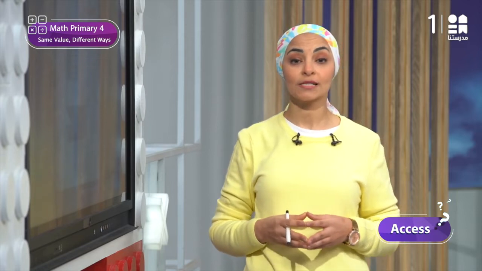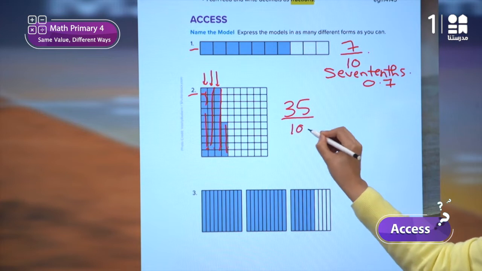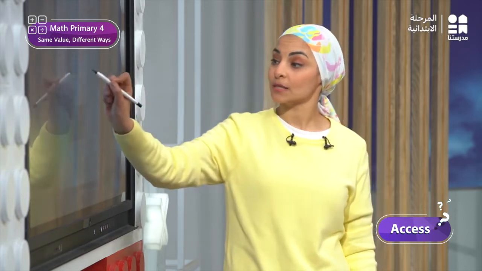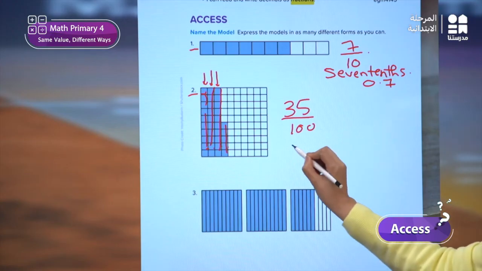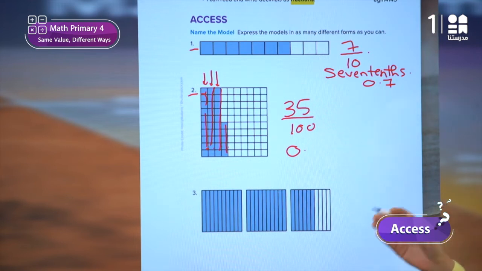35 shaded squares لما أجي أكتبها as a fraction هكتبها 35 out of 100, right? طيب if I want to write it as a standard form means I will write in digits 0.35. It means that it is 35 hundredths.